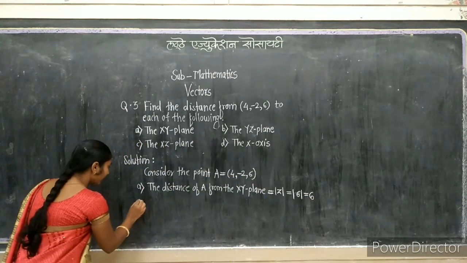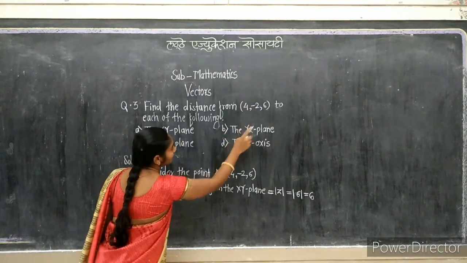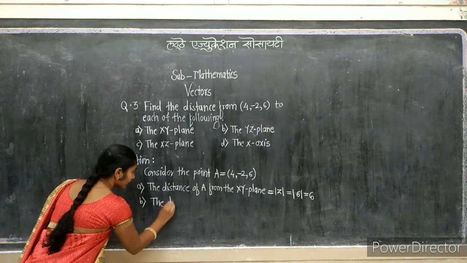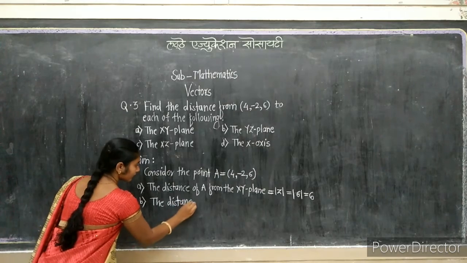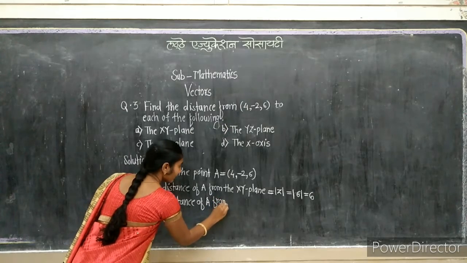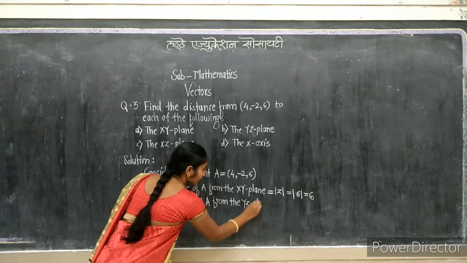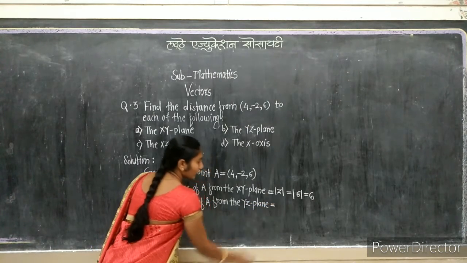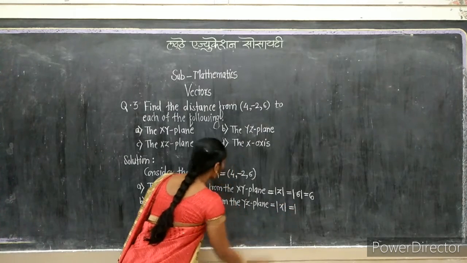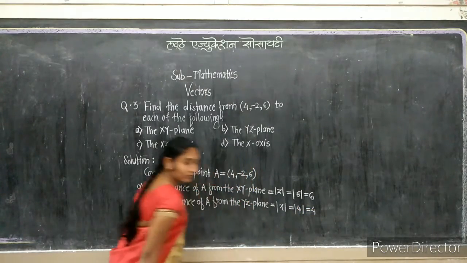Then B, the distance of the point A from the YZ plane is equal to mod X, which is mod of 4, equal to only 4.